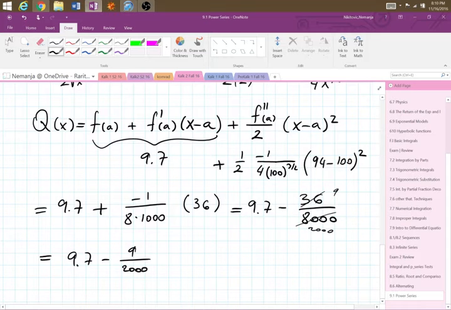So how much is this? I feel like I was going to use a calculator anyway to do that. Might as well just use... Desert island, no calculator, cell phone, no charge, no signal, and Wilson is gone. You have nothing else to do. Nothing else to do. That's the answer then, 9.7 minus 9 over 2,000.